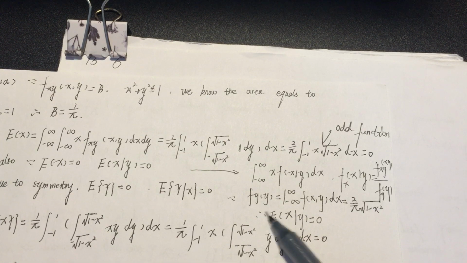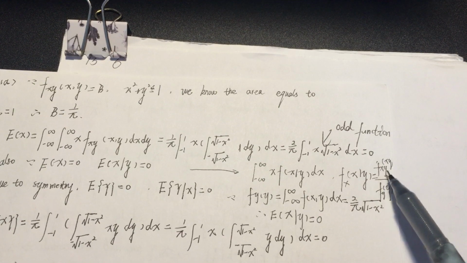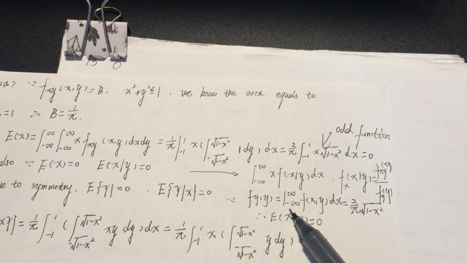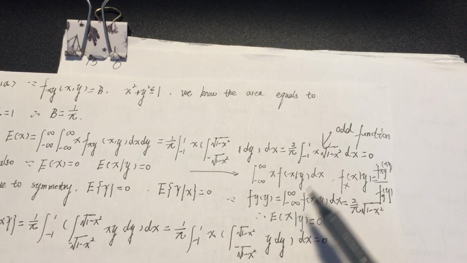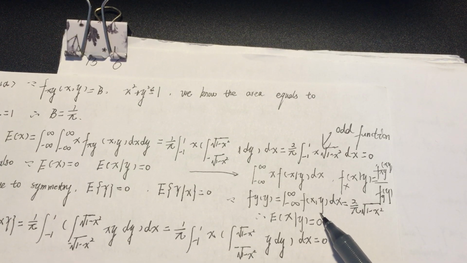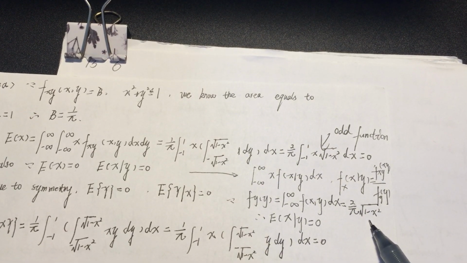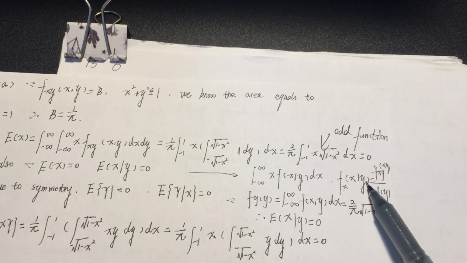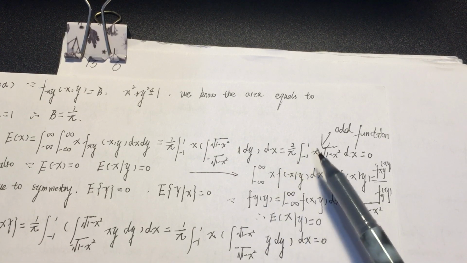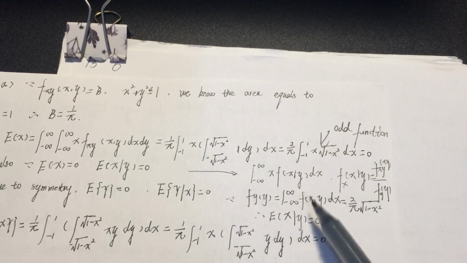Because f(x,y) equals b, and the density function of y equals the integral of f(x,y) with respect to x, which gives this function. So we just plug it into the previous equation, and we can calculate the expectation of x given y. So it equals 0.